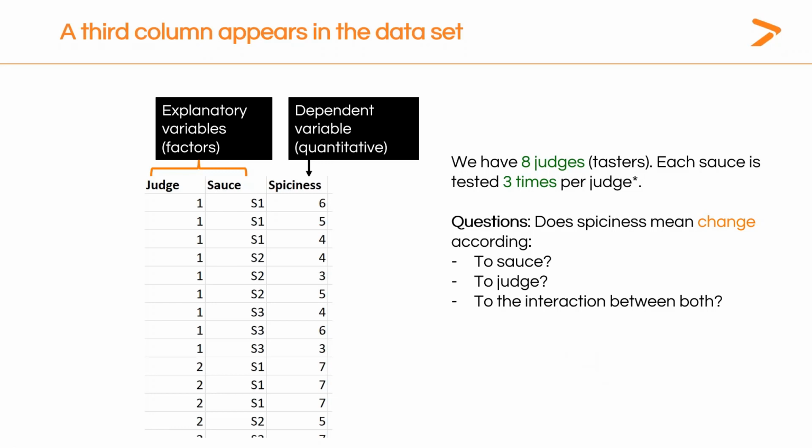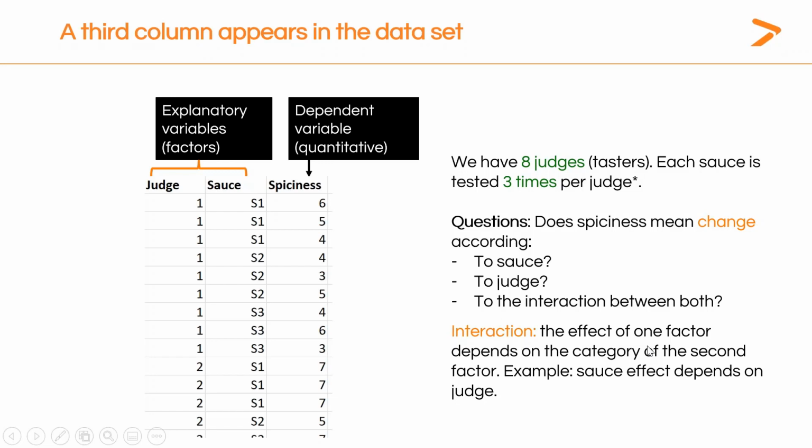Does spiciness mean change according to the sauce, according to judge, and according to the interaction between both? So for instance, if we get a judge effect, this means that there are judges who will overrate or underrate the spiciness according to the other judges. And if we get an interaction effect, this is what I will be developing right after.